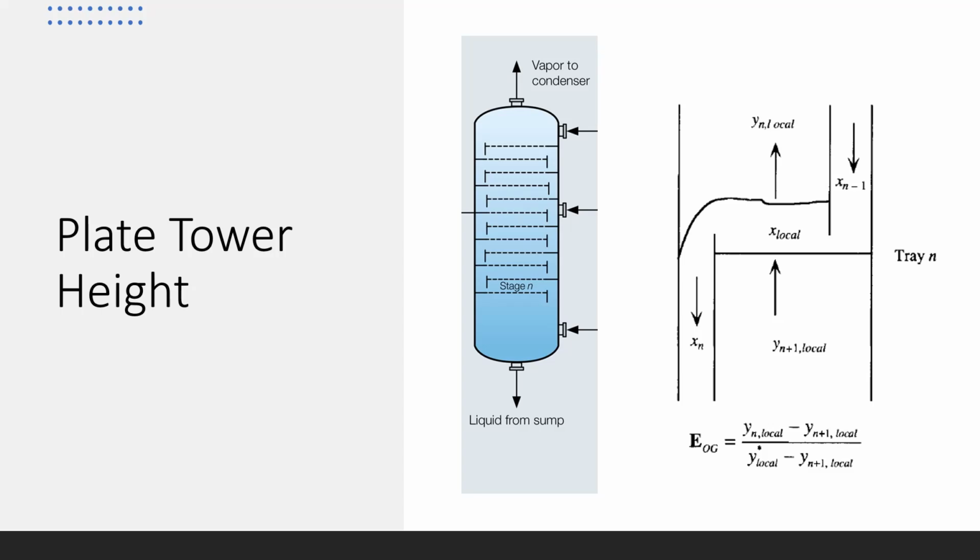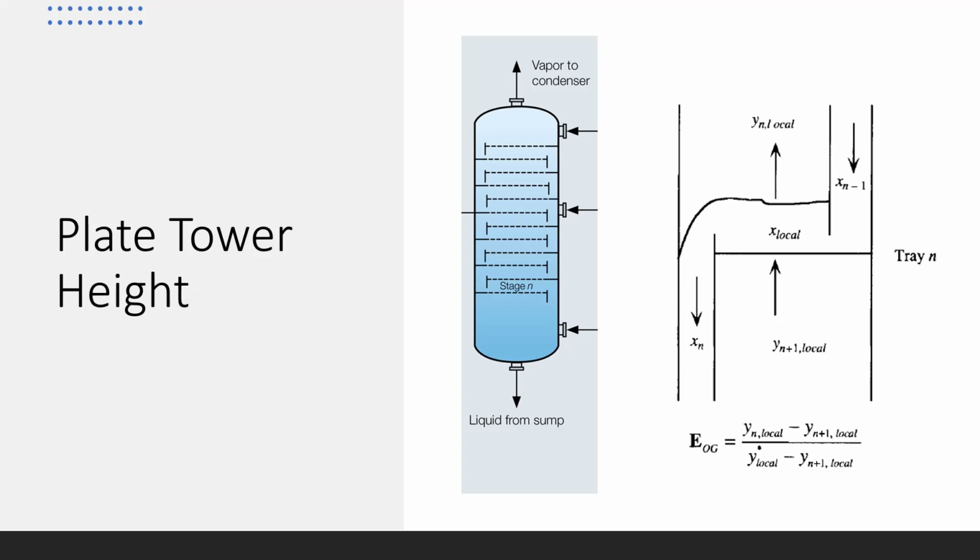Now keep in mind these correlations are not really very accurate. The source of errors can be up to 50% or even 80% sometimes. So whenever you are using these correlations, you have to be very careful with the values obtained.